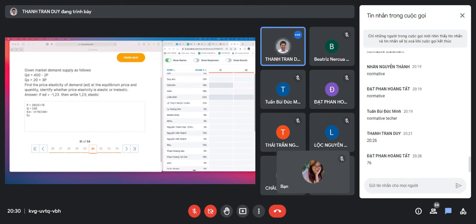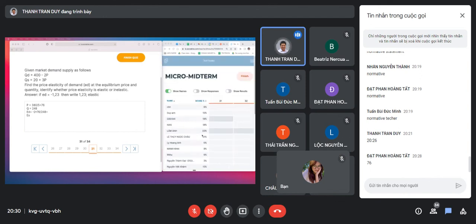Please fill in the answer here. I can see Tin, Lâm Anh, Yahan. How about other people? Please answer.